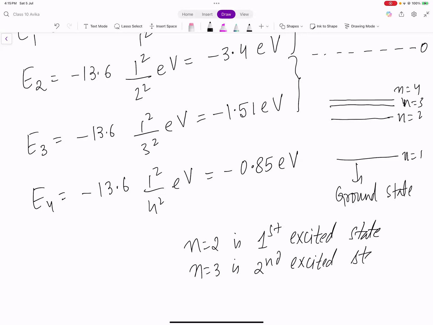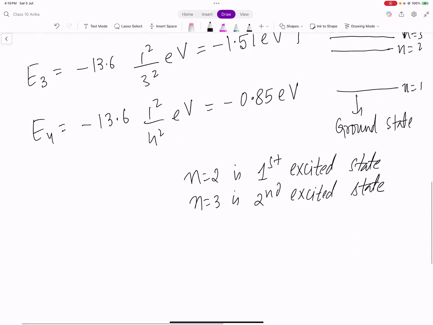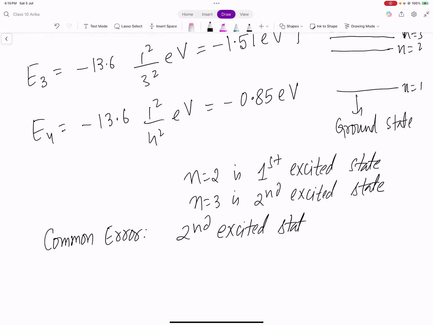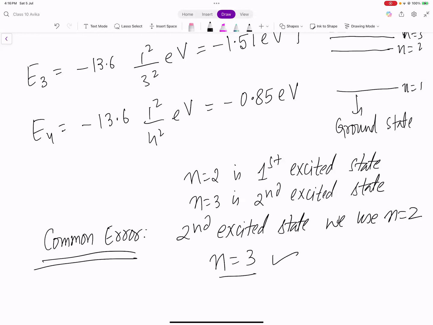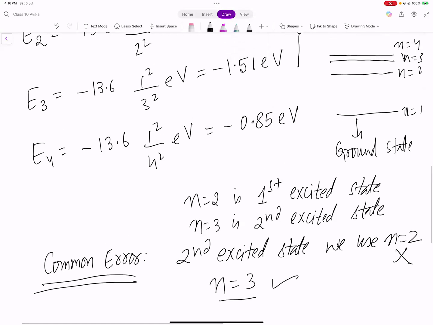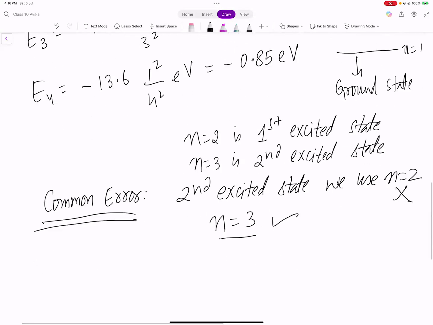A common error is when the question says second excited state, we use n equal to 2. But here n should be equal to 3. This is a common error because immediately the brain goes like that.